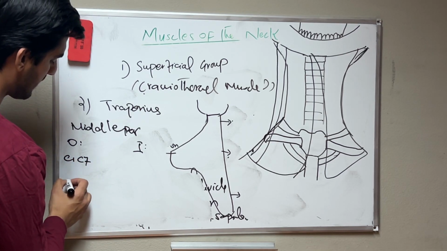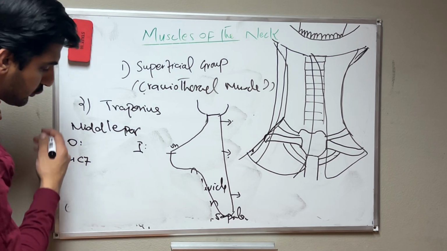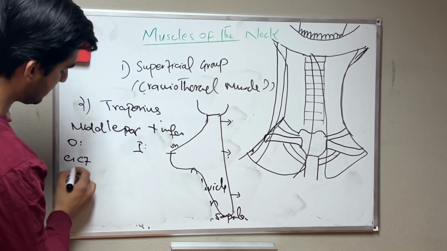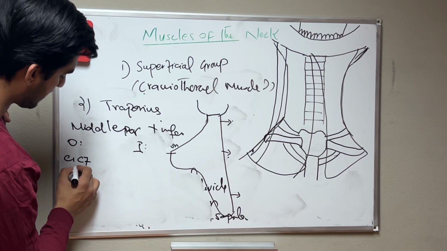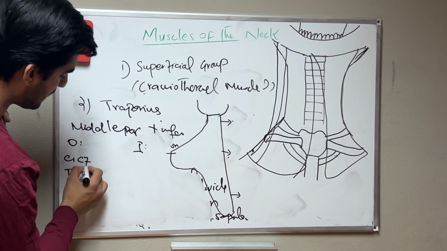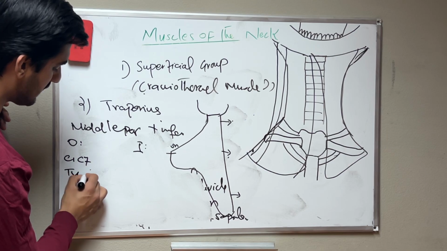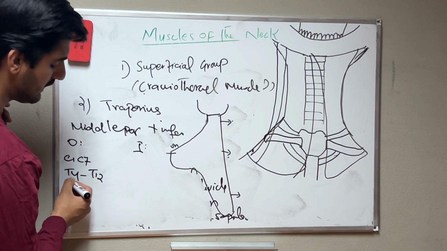Then from C7 to T4 is the middle part, and from T4 to T12 we have the inferior part.